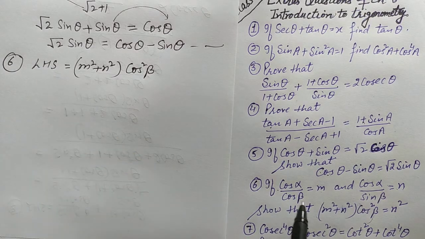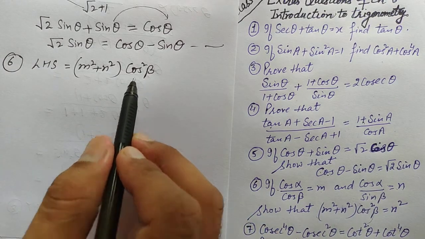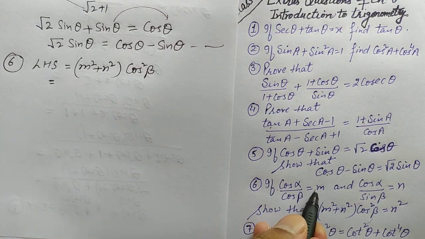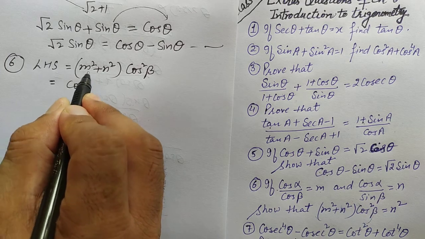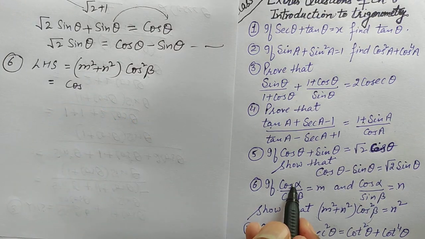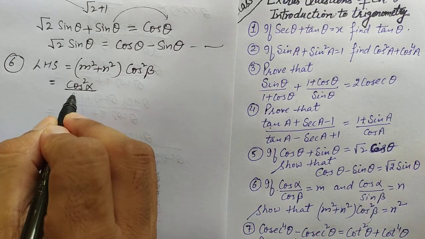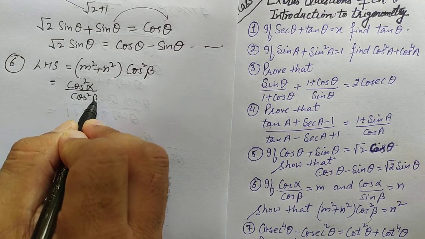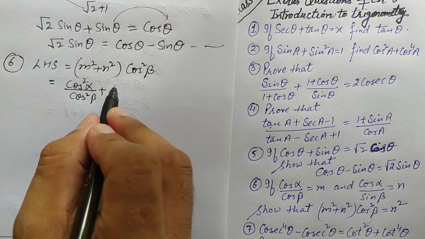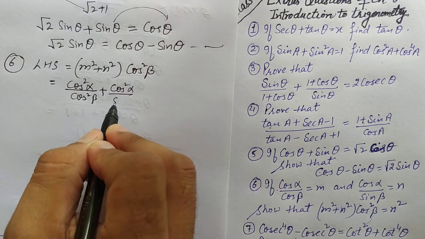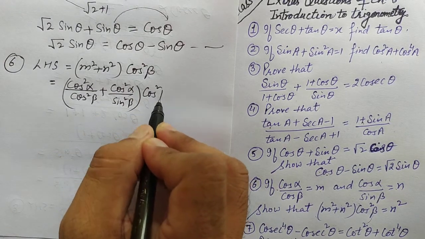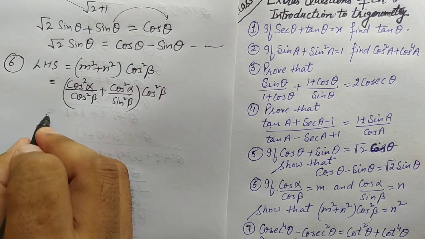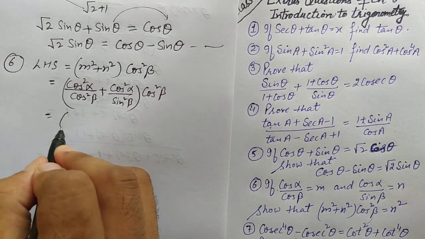I have taken m square plus n square into cos square beta. So let's see what is the value of m. M is cos alpha over cos beta, so m square will be cos square alpha over cos square beta, plus n square is cos square alpha over sin square beta, into cos square beta as it is here. Okay, so if you see here, you can take LCM here.